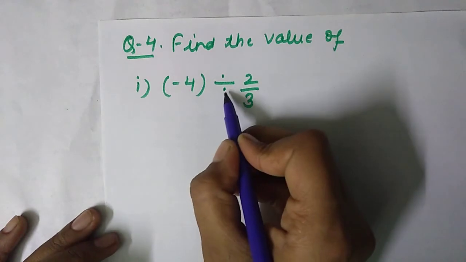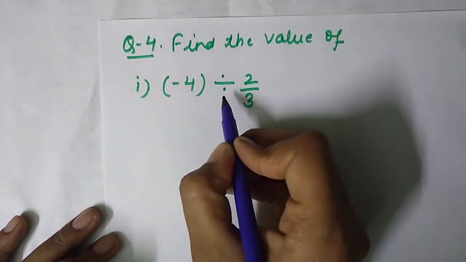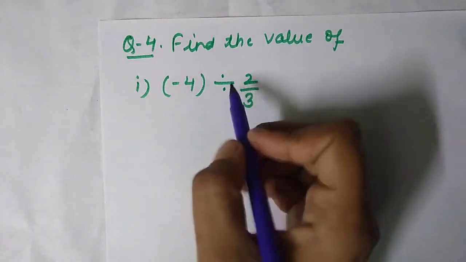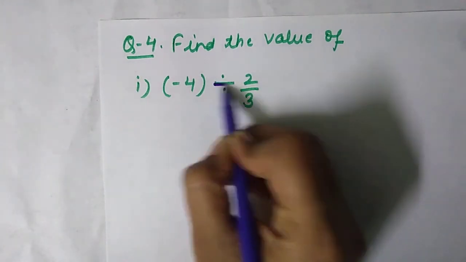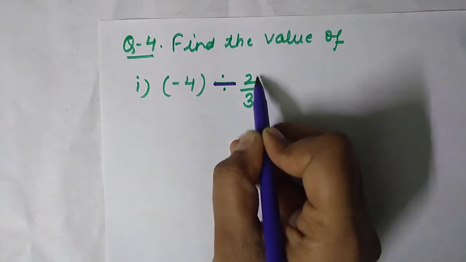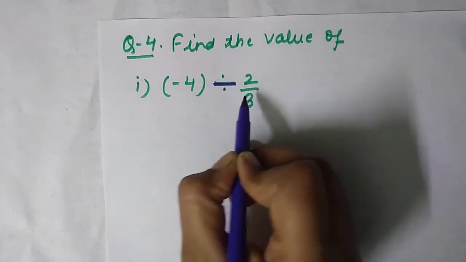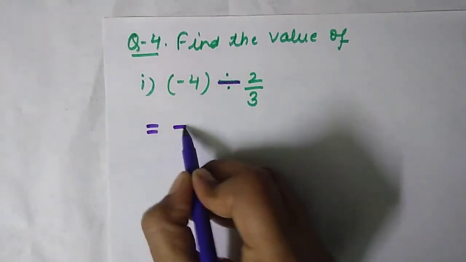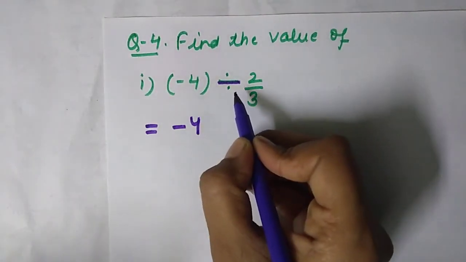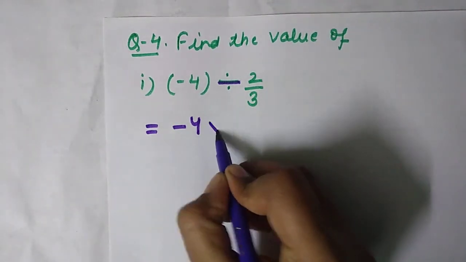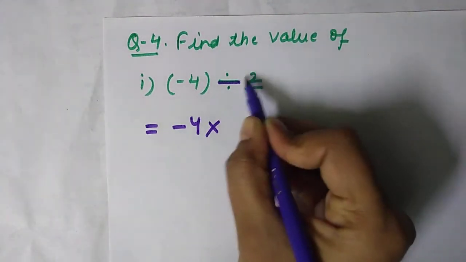So in division, wherever division comes, you have to first convert them into multiplication. And for converting divide into multiplication, you need to take the reciprocal of the term which is just after the division. So it is -4. This division should be changed into multiplication, and for that you have to take the reciprocal.